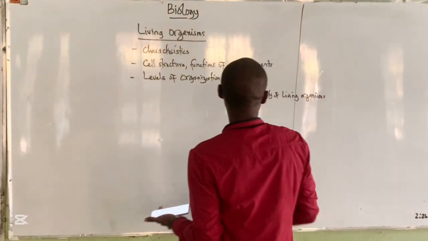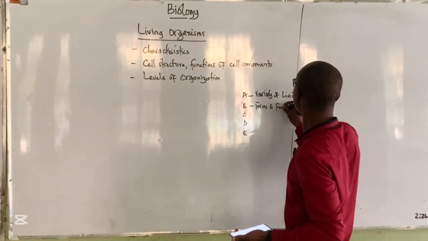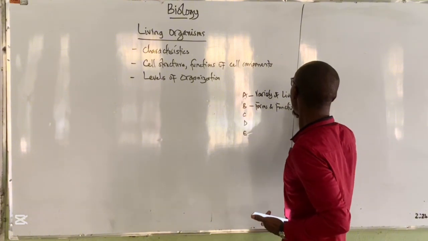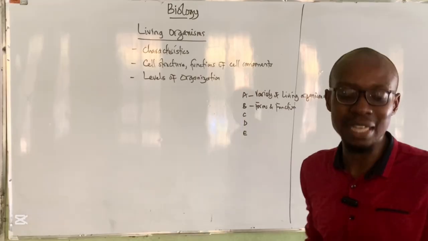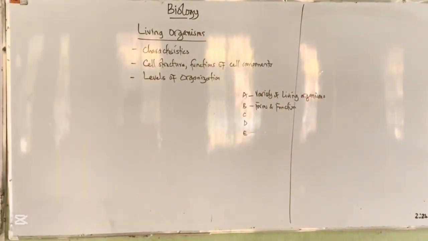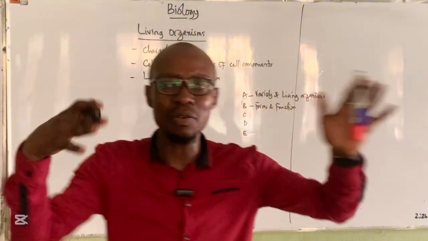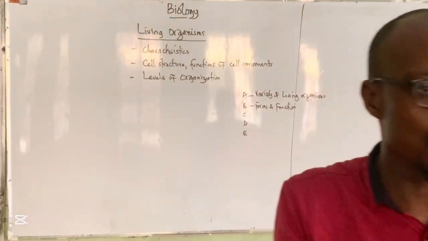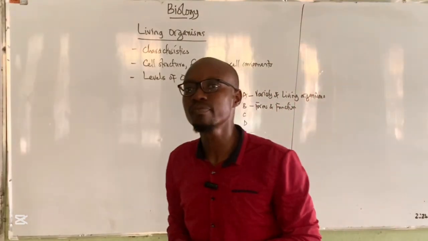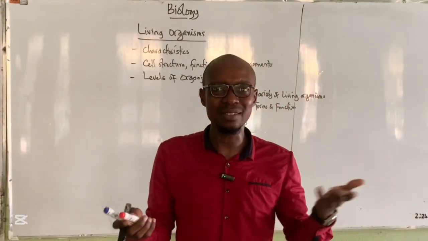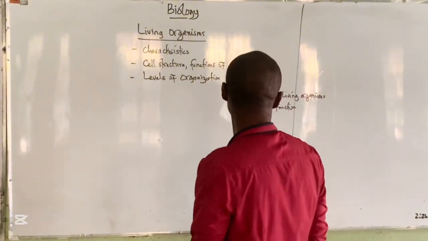Then B has to do with forms and function. By saying forms and function, it simply has to do with the systems you have: the transport system, the circulatory system, the excretory, the respiratory and gaseous exchange systems, and other parts of biology, like the other small parts in plants and animals.